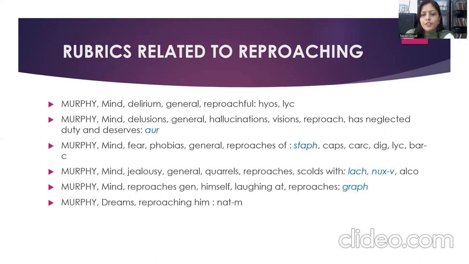So in Murphy, the last rubric we have on reproaches is Dreams, reproaching him. A single remedy, Natrum muriaticum, is given. So these are all different rubrics related to these terms. In case taking, we have to select the appropriate and exact rubric according to what the patient is saying. Right? Thank you so much.